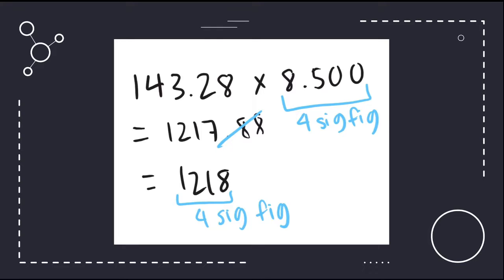And since we need to round to 4 significant numbers, we just ignore the last 88, but also round up, since 1217.88 would round up to 1218, which is still 4 significant figures.